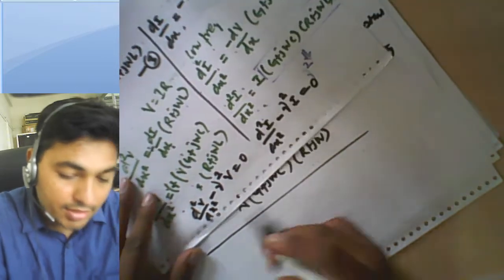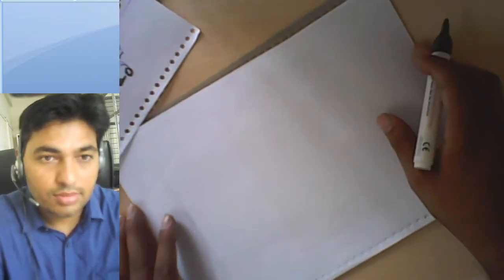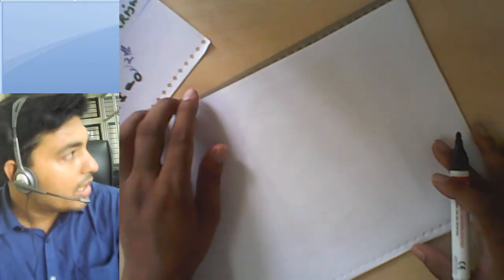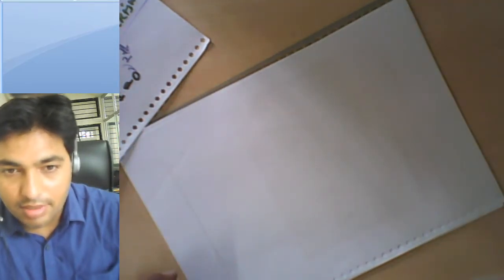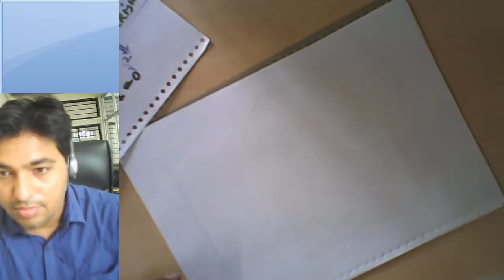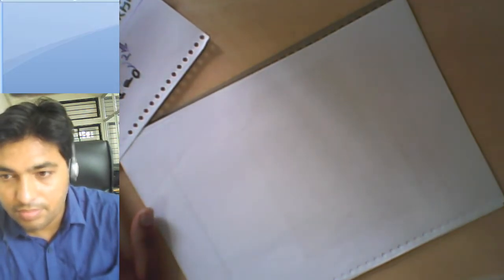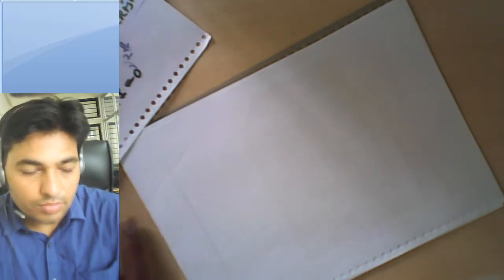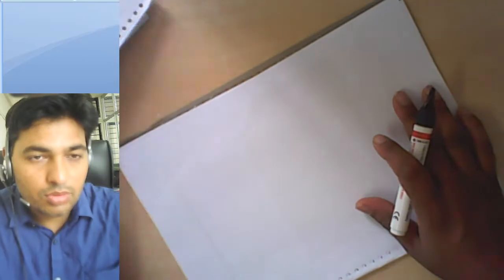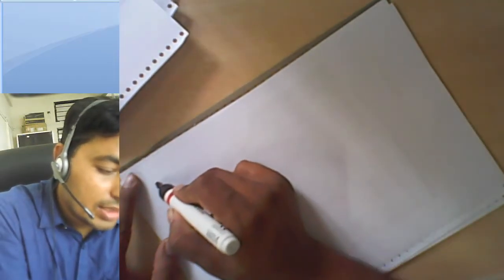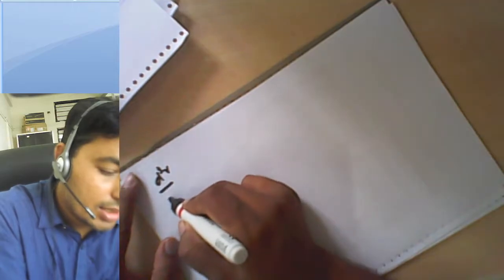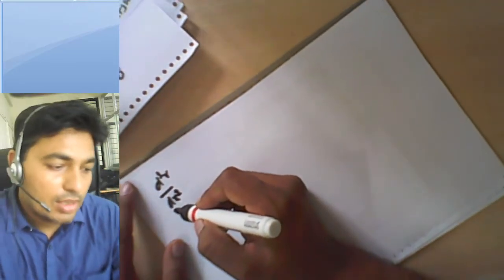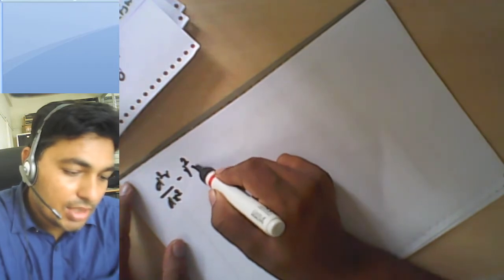We will write once again. We got two sets of equations, that is d square V by dx square minus gamma square V is equal to 0.